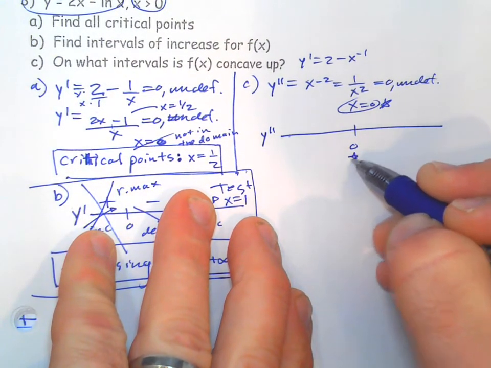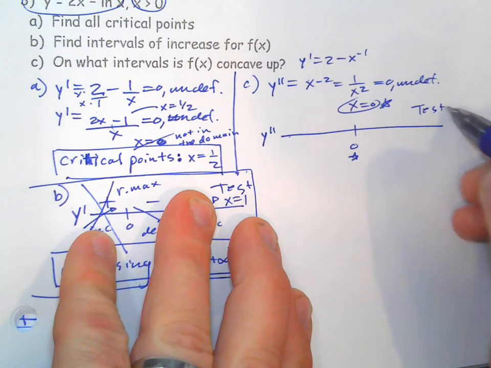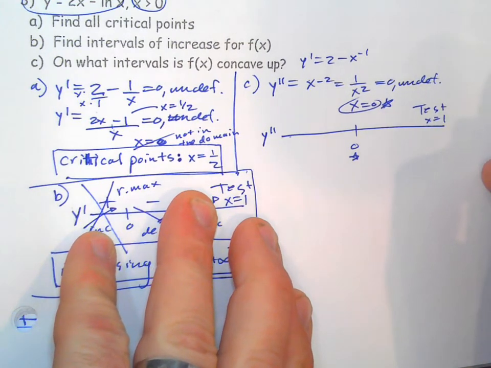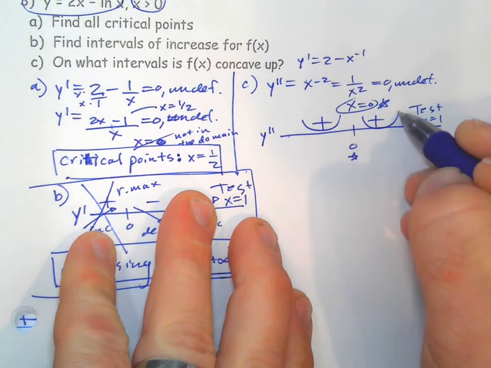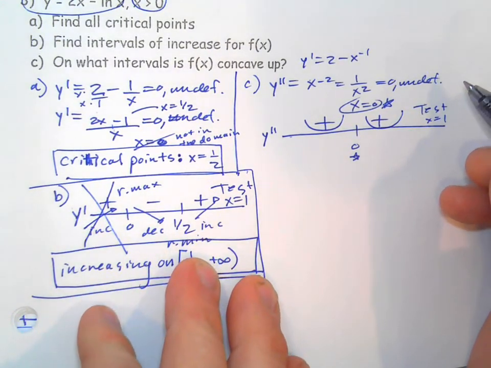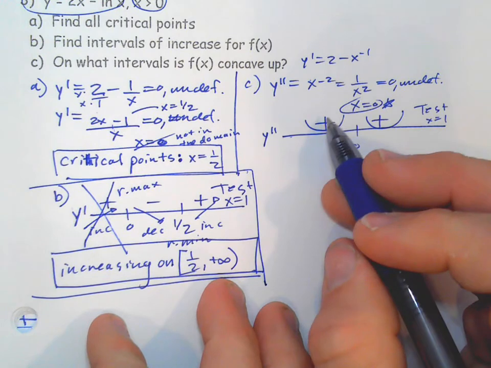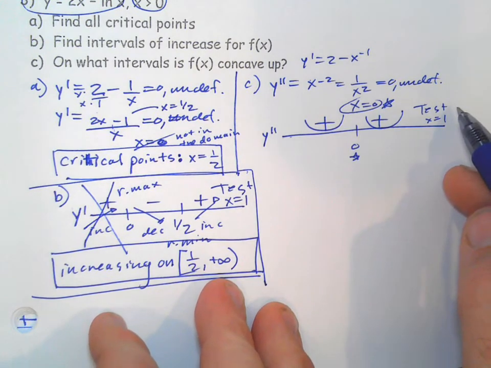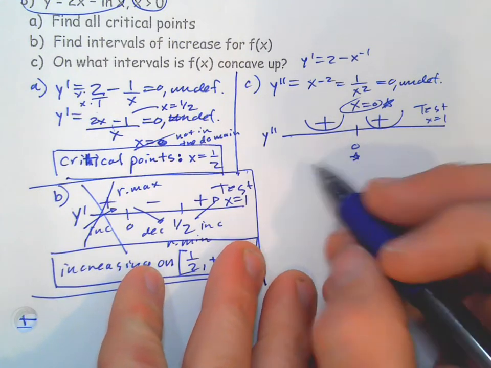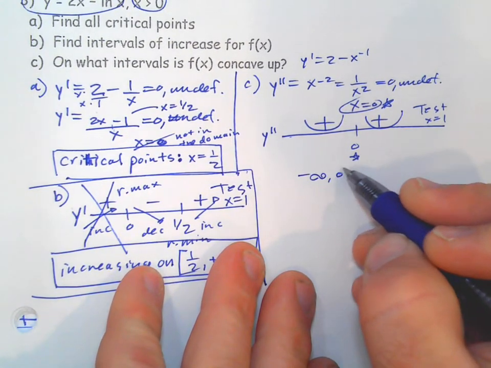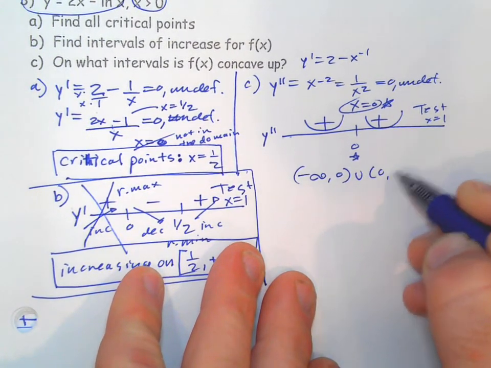0 star, test a value, x equals 1. It's positive, stays positive: concave up, concave up. If they asked you where it's concave up, you would have to break it up at 0 no matter what. So if we were just doing this, this is what your answer would be, ignoring the domain.